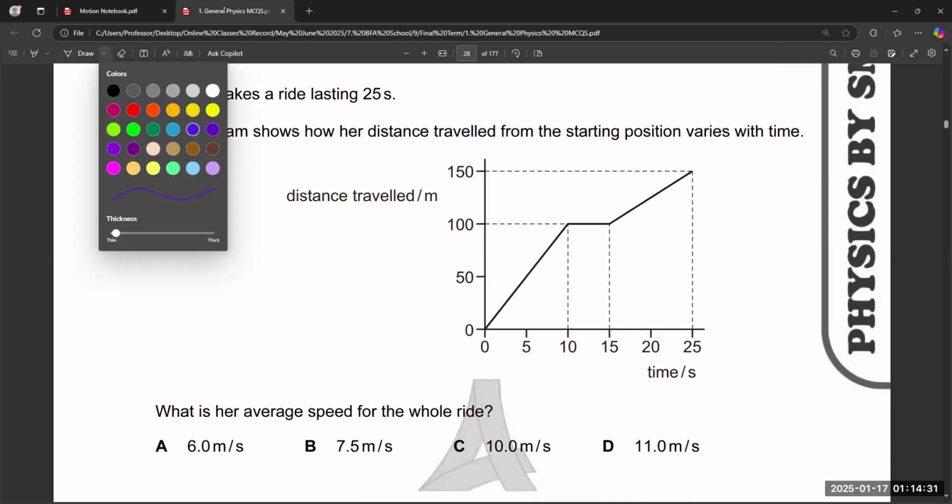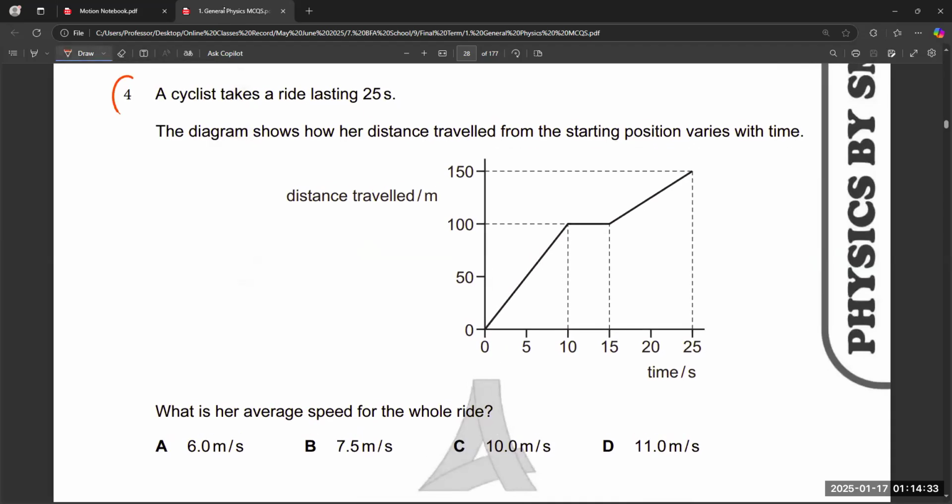So this is the first question. A cyclist takes a ride lasting 25 seconds. The diagram shows how her distance traveled from the starting position varies with time. What is her average speed for the whole ride? So basically the question is about average speed.